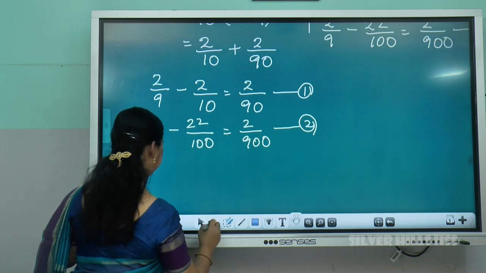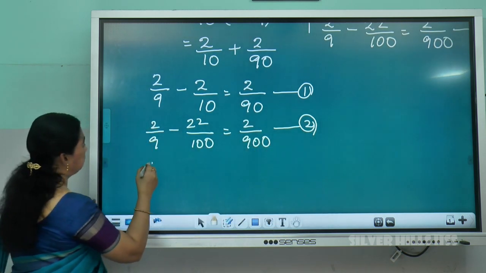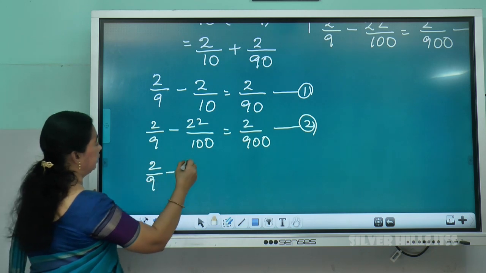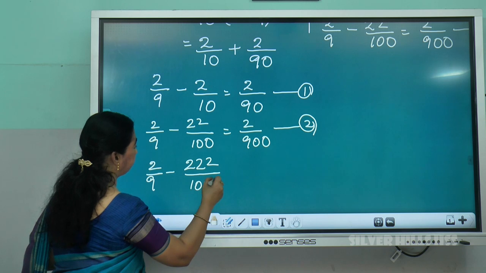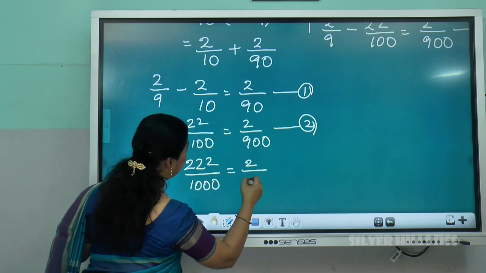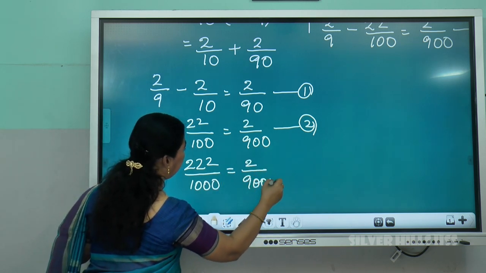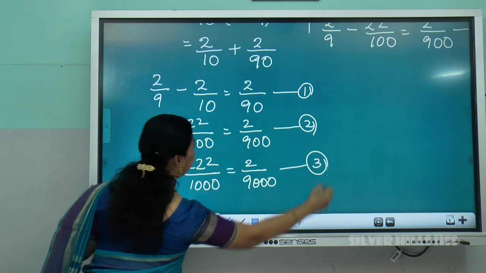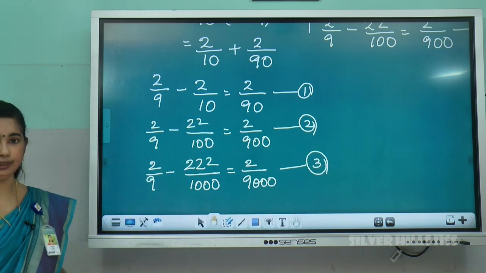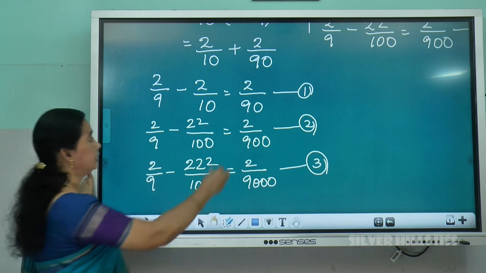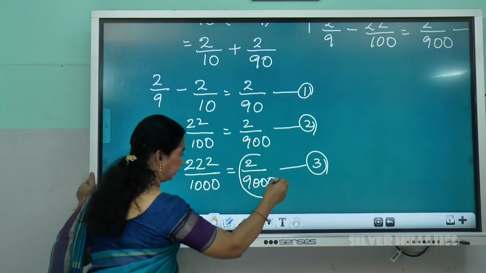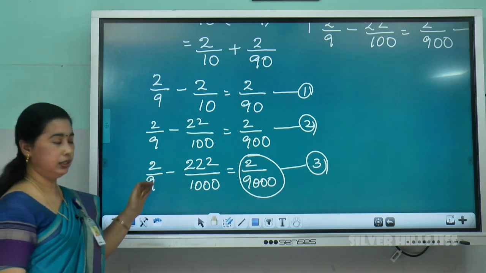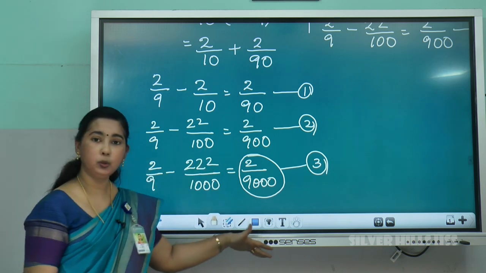Third one, 2 by 9 minus 222 by 1000 is equal to 2 by 9000, and so on. It goes on continuously, and going downwards, the next one will be 2 by 90,000.